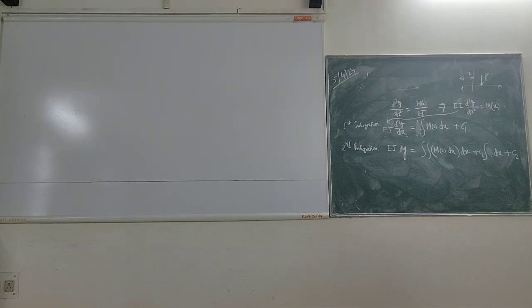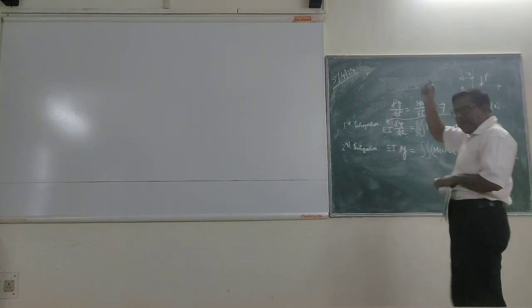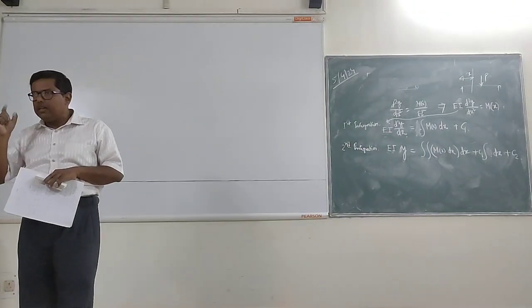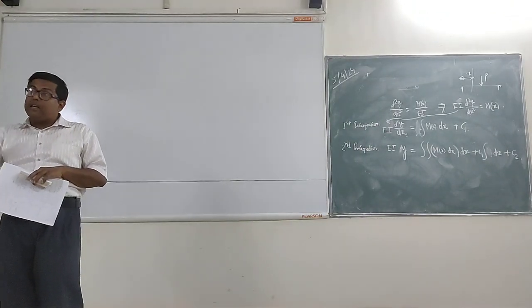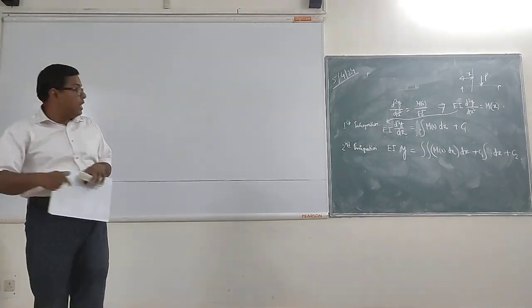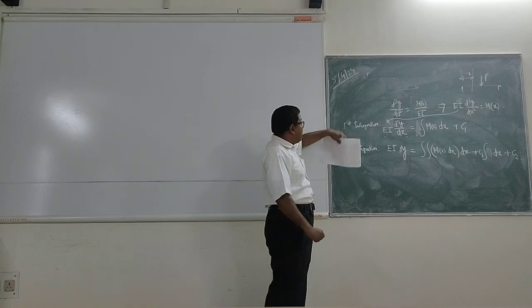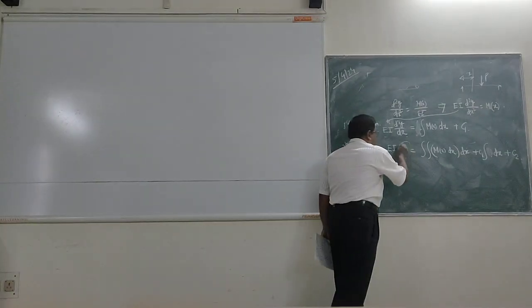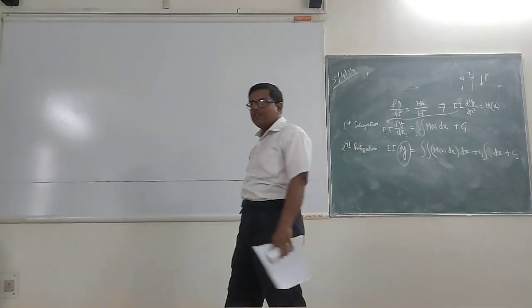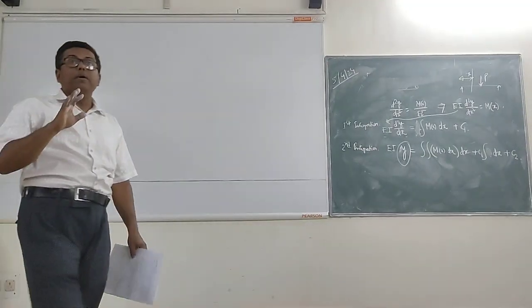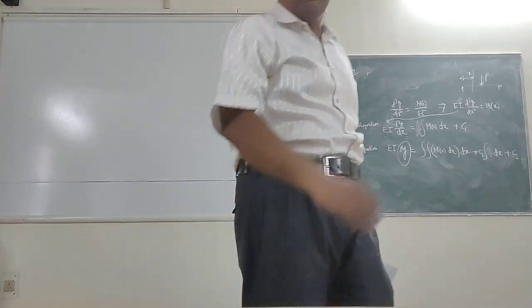The second derivative, d2y/dx2, is termed as 1 by rho, which is basically the curvature, okay? And if I replace that curvature with the moment equation M by EI, then after two-step integration, that means double integration, I get the deflection. Have you understood? So this is actually called the double integration method.